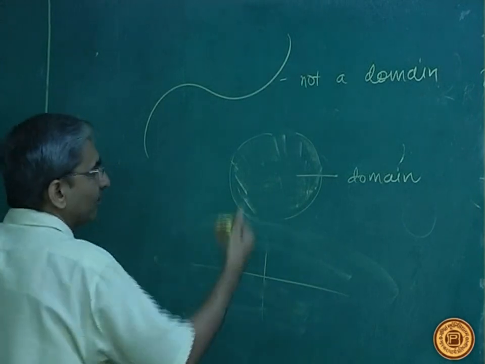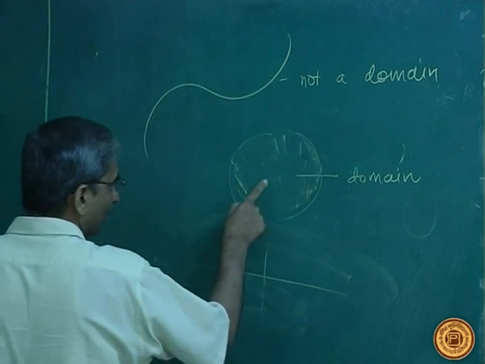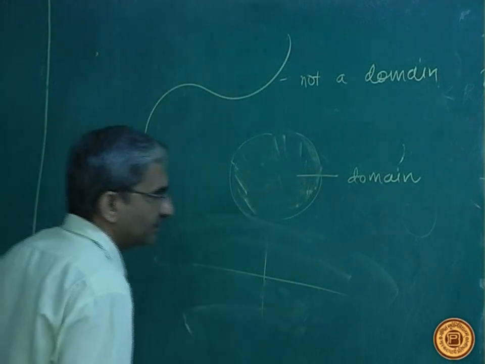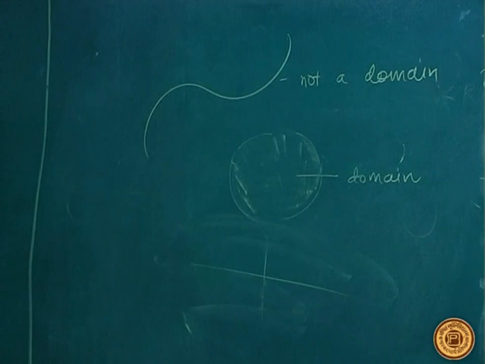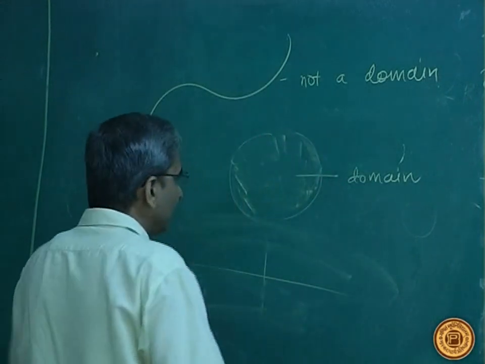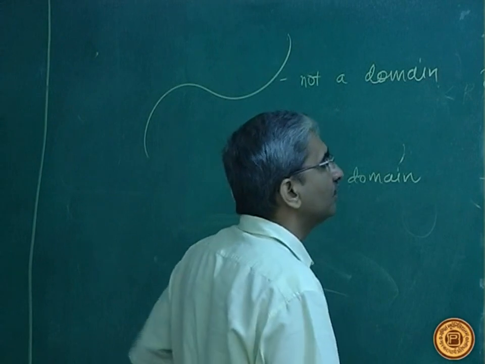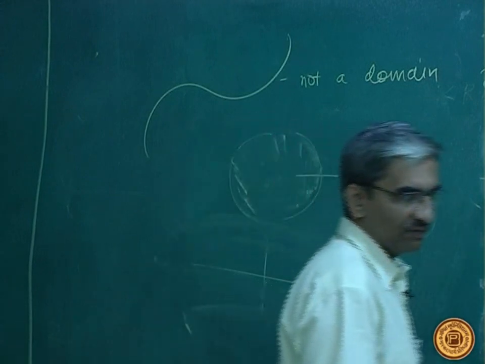I will tell you in what sense, but these two domains are important, the whole of the complex plane or the open unit disk. But at present we want a set to be both open and connected, then any such set will do for the domain of definition of an analytic function.